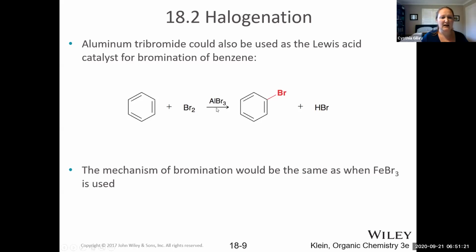Because if you just add iron or aluminum, those will react with bromine to form iron 3-bromide or aluminum 3-bromide. So you can just add the iron 3-bromide or aluminum 3-bromide instead of allowing for the reaction to occur between these two. Either way, it ends up forming one of these Lewis acid catalysts that catalyze the reaction.